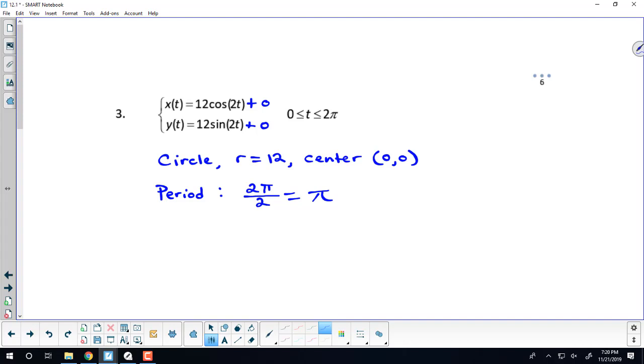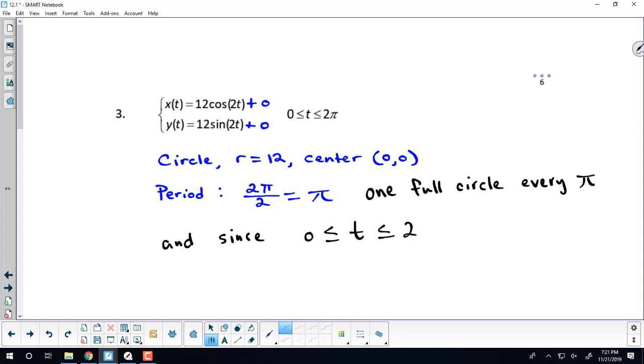So you get 2 circles generated here of radius 12, center at 0, 0.